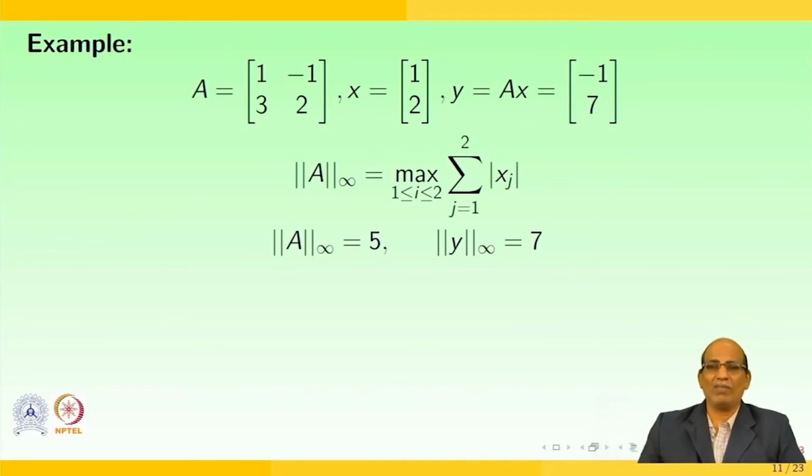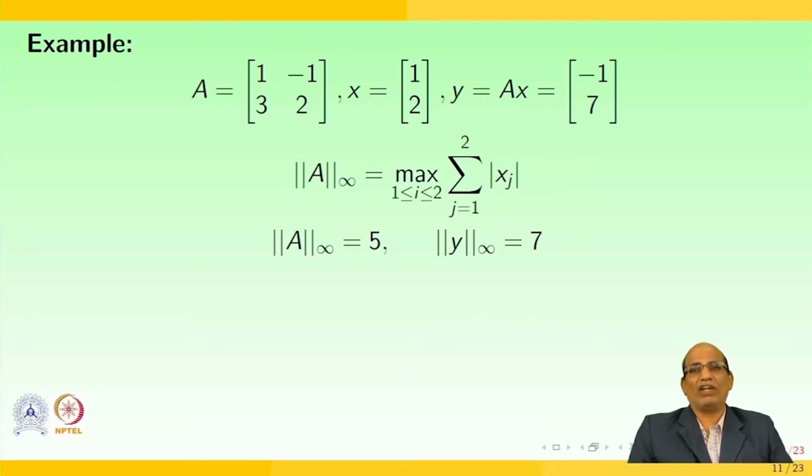Well, you can see some examples over here. For example, you are given a matrix A equal to [1 -1; 3 2] and x equal to [1 2], and y is equal to Ax. If you look at it, 1 times 1 plus 2 times minus 1 gives minus 1, and 3 times 1 is 3, 2 times 2 is 4, giving 7. So Ax will be minus 1 and 7.